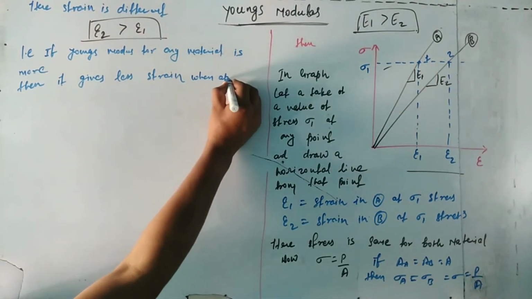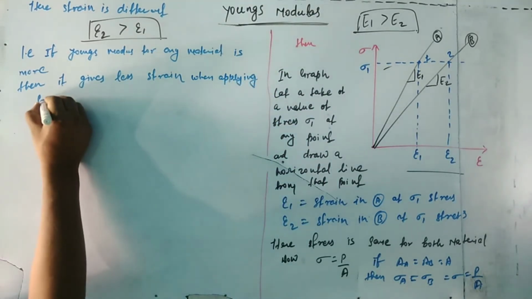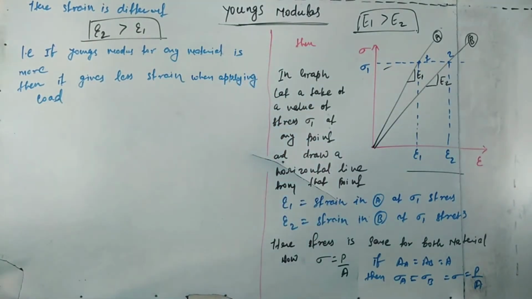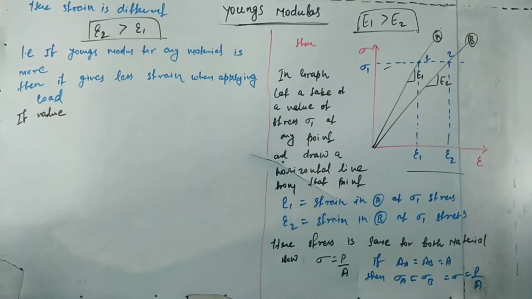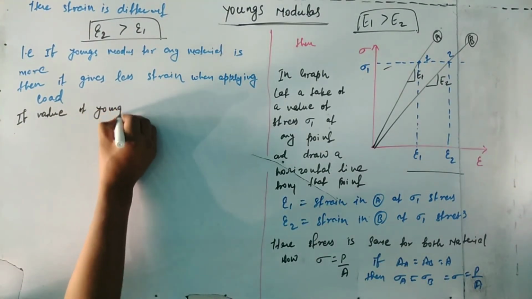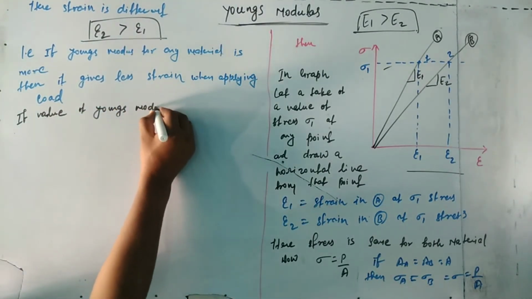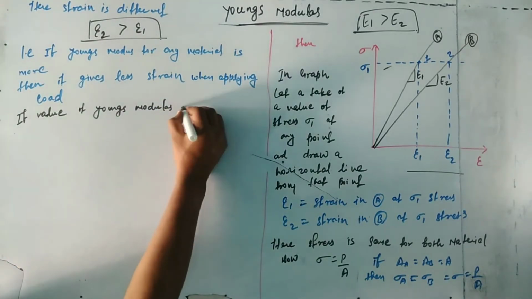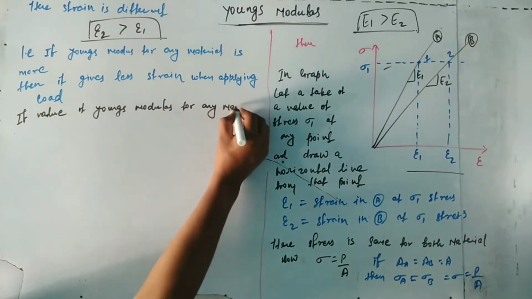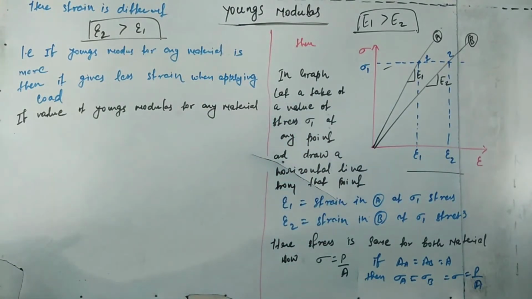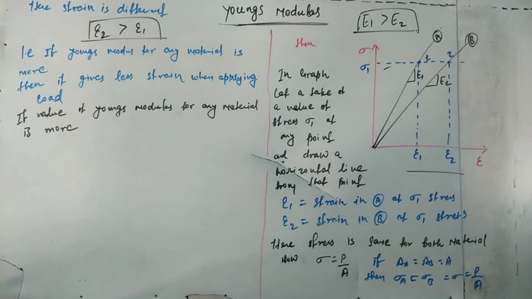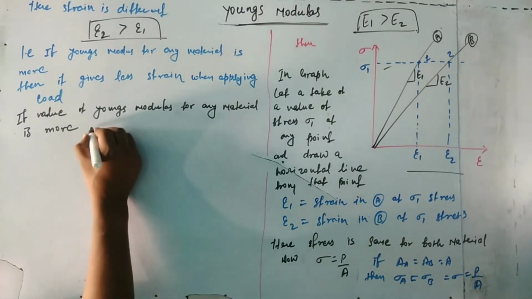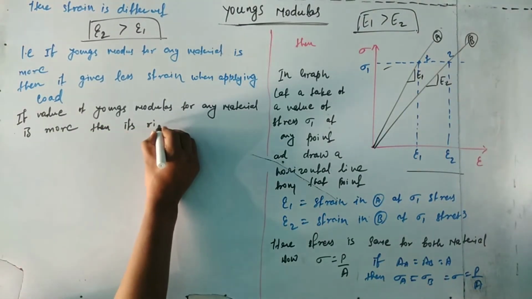You can see in the graph, if Young's modulus is more, then it gives less strain when applying load. That is, if the value of Young's modulus for any material is more, then its rigidity will be more.